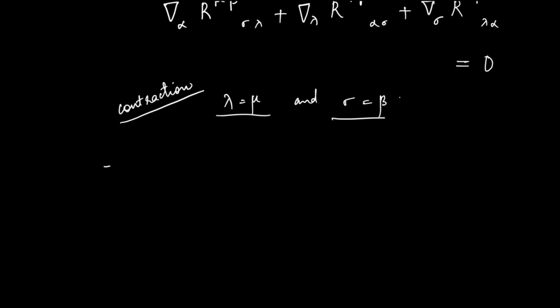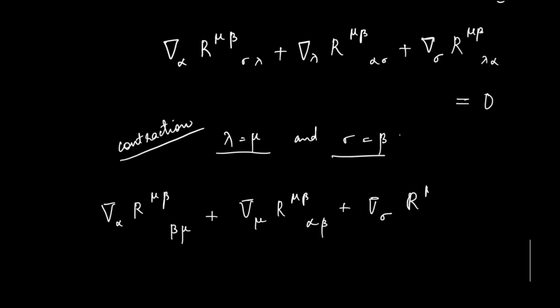Then I will get R mu beta, now sigma will be equal to beta, so I'll write beta, then lambda will be equal to mu, so I'll write mu, plus R mu beta alpha, with sigma being beta, plus R mu beta, with lambda being mu and alpha as it is. This is equal to 0.